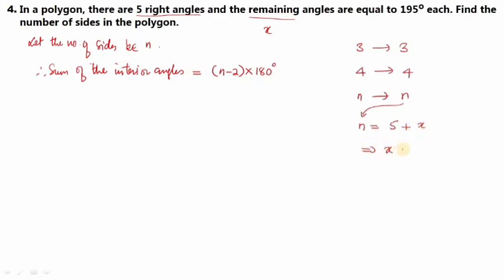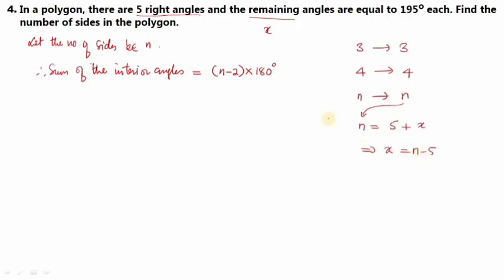So x equals n minus 5, isn't it? I hope you are able to understand. If you have n sides, then you have n angles. So n angles equal 5 right angles plus x remaining angles. That means you have n minus 5 remaining angles.